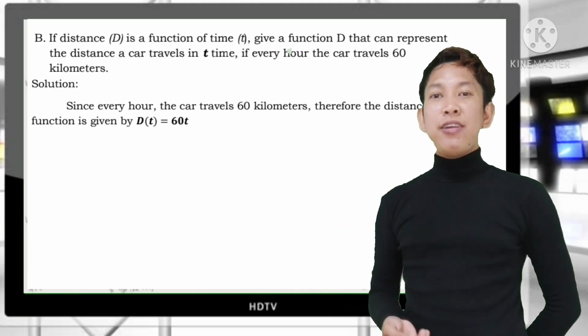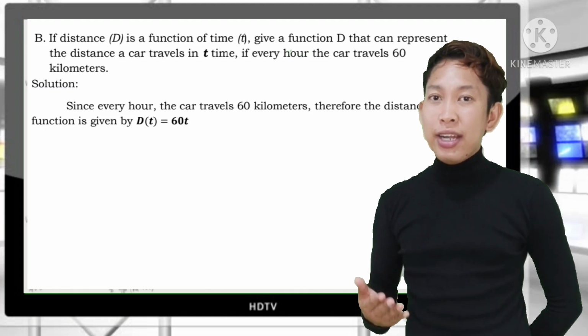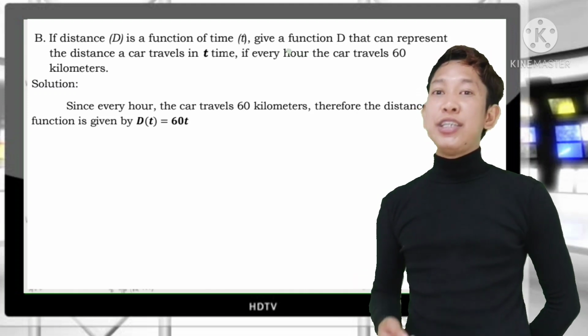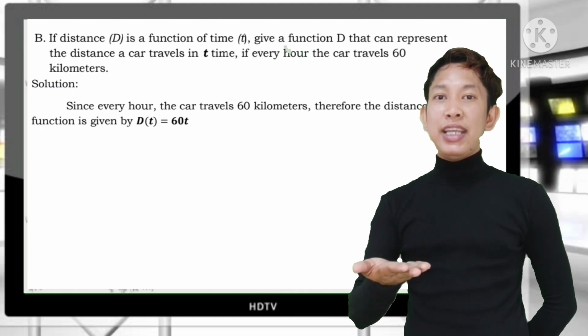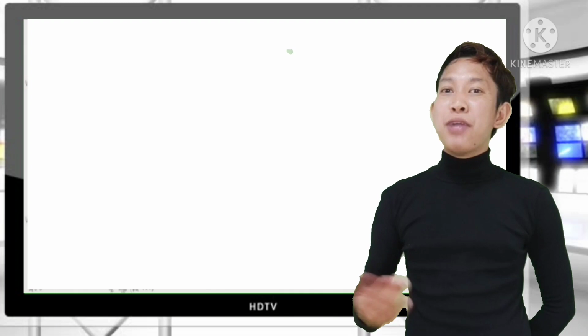Since every hour the car travels 60 kilometers, therefore, the distance function is given by d of t is equal to 60t.